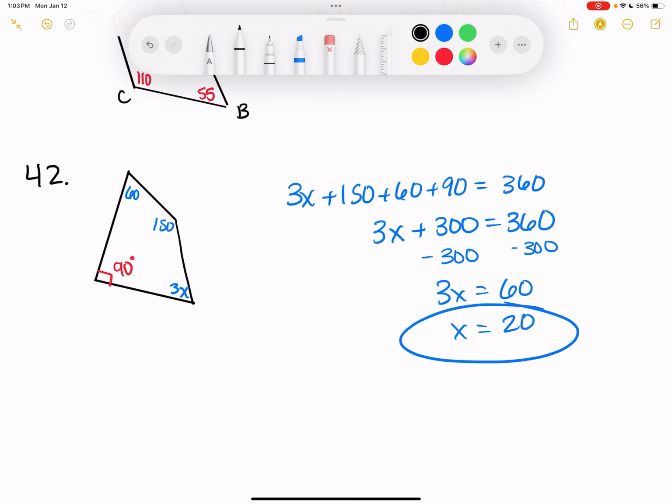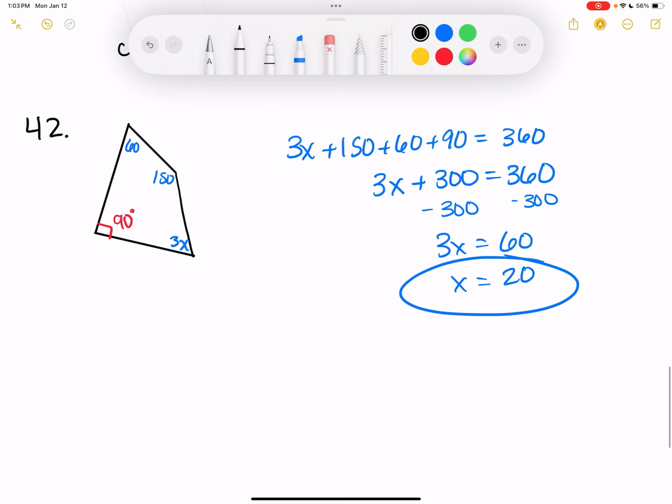One more. 44. I'm going to draw this one outside of here because it's 4x plus 10, but that's that top left angle. 108, 3x, and 67.